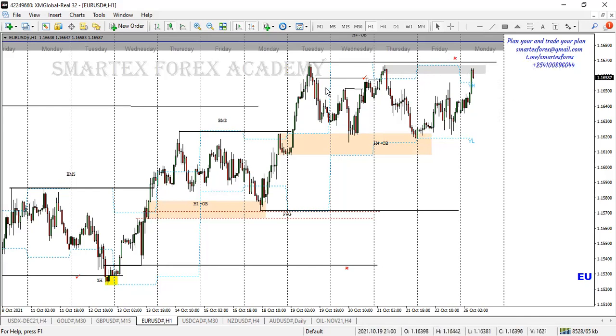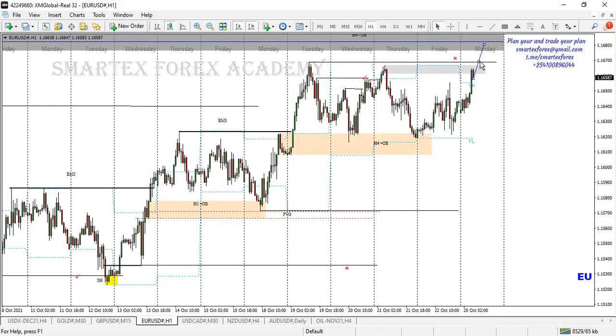This has been in a range since Tuesday last week. But we're going to see how they're going to get out of this range. If they take out these highs right into this OB before we drop, that will be fine, because that is what I've always been looking for.